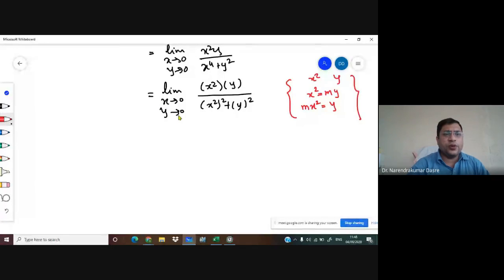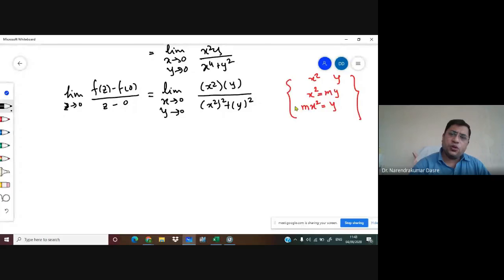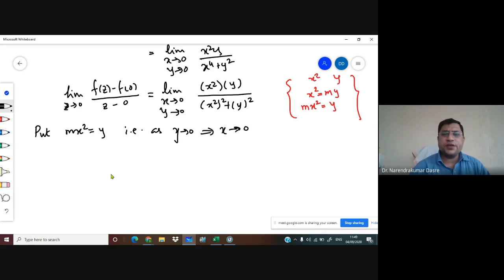Okay. So what we have to do is, what we are finding is limit z tends to 0, f of z minus f of 0 upon z minus 0. Okay. So any one of these two we can use. And hence we put y equal to mx square. Okay, so I am replacing y by mx square. That is, as y tends to 0, this implies x will go to 0.